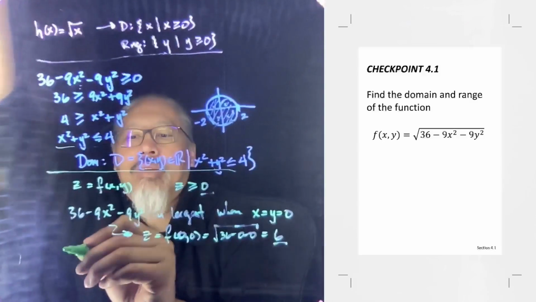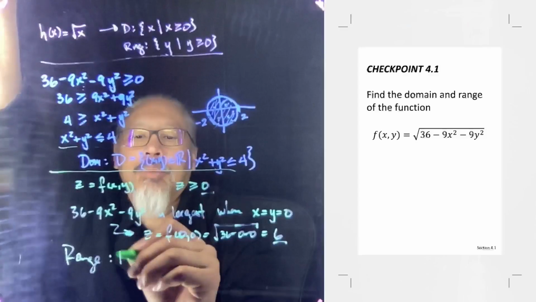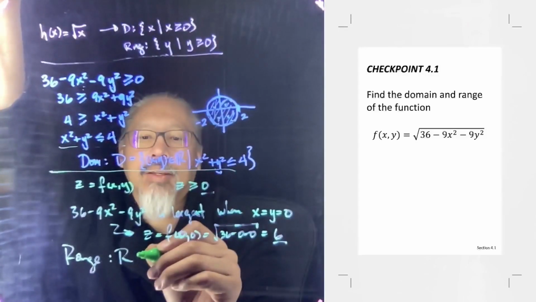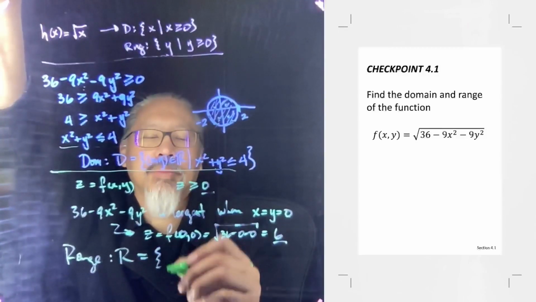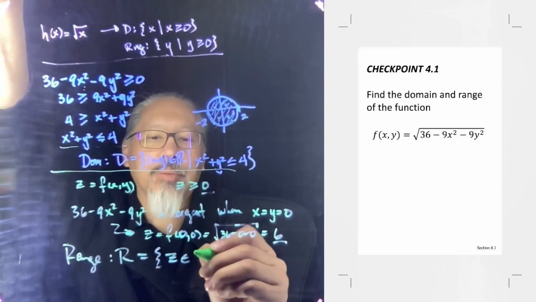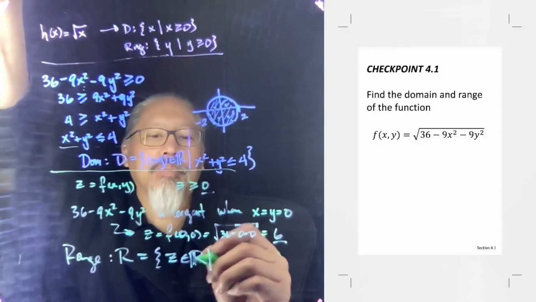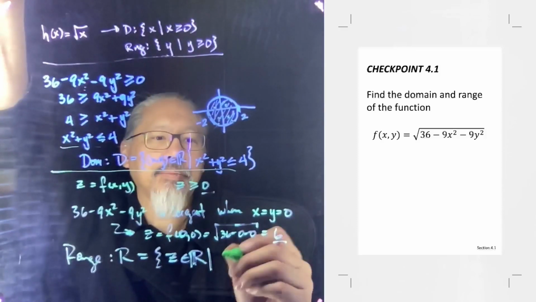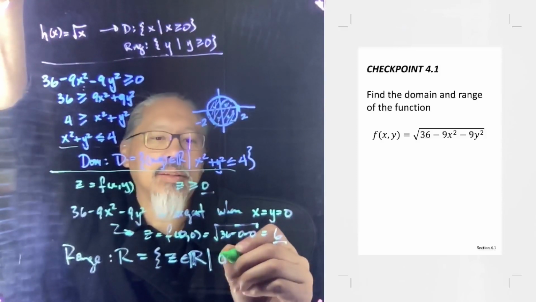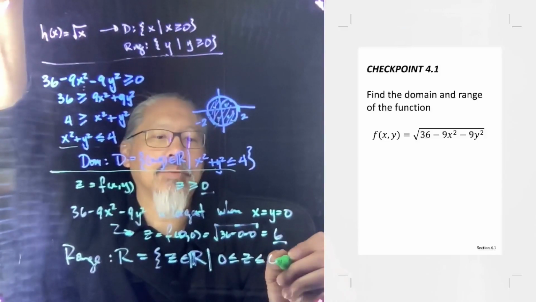So we can say now our range, let's call it R, is going to equal the set of all values z, and we can again be specific to say that it's a real number, such that z is between 0 and 6.